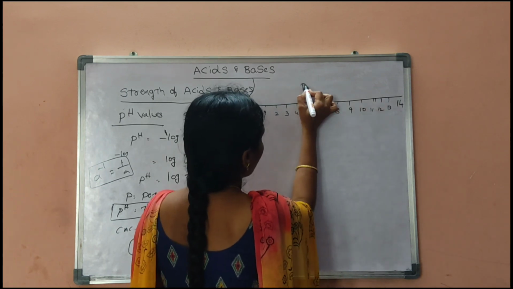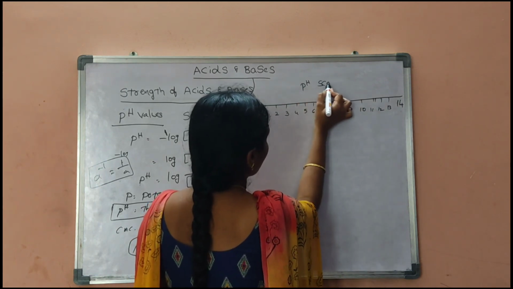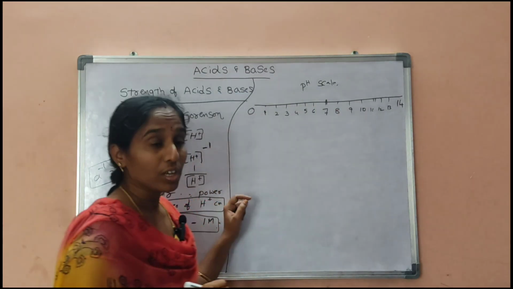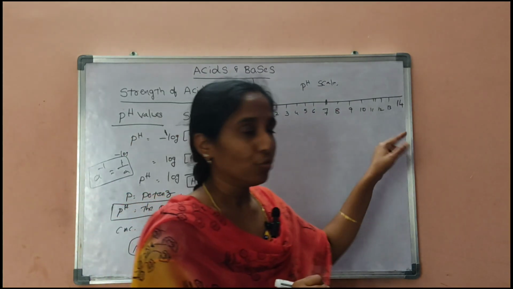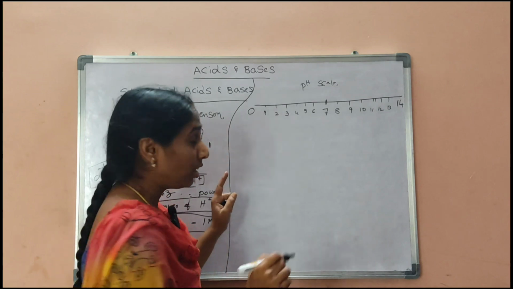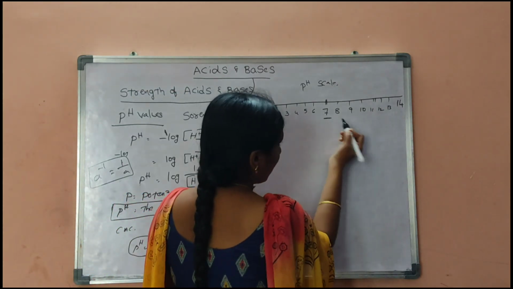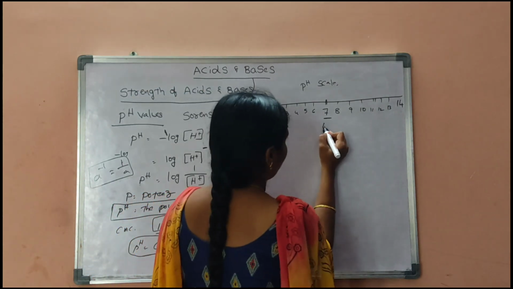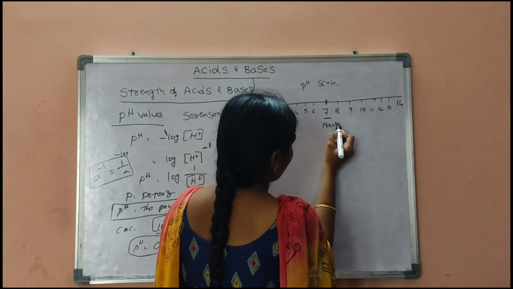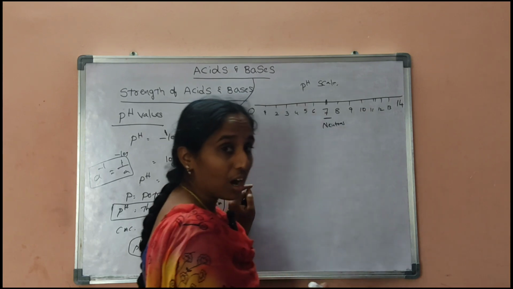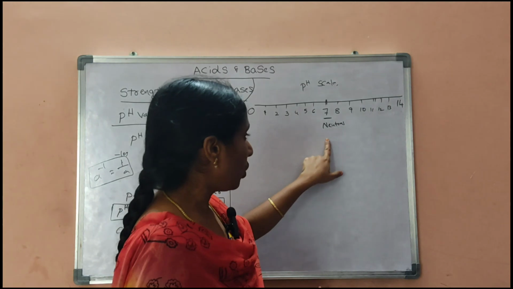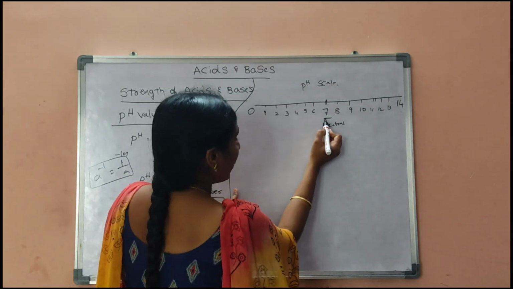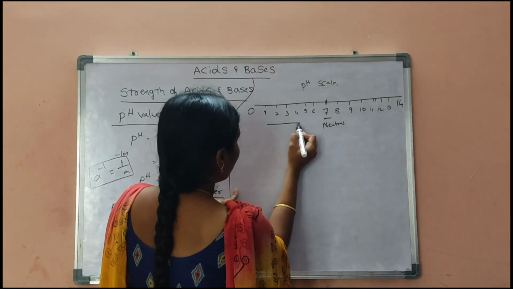This is the pH scale, with pH values between 0 and 14. What is the middle? 7. 7 is neutral. It is neither acid nor base.